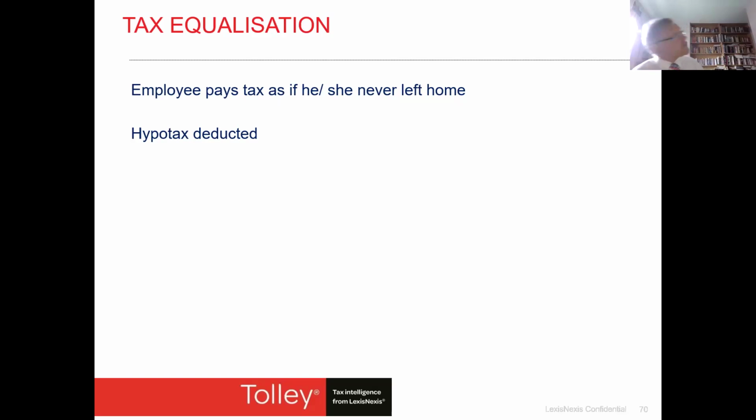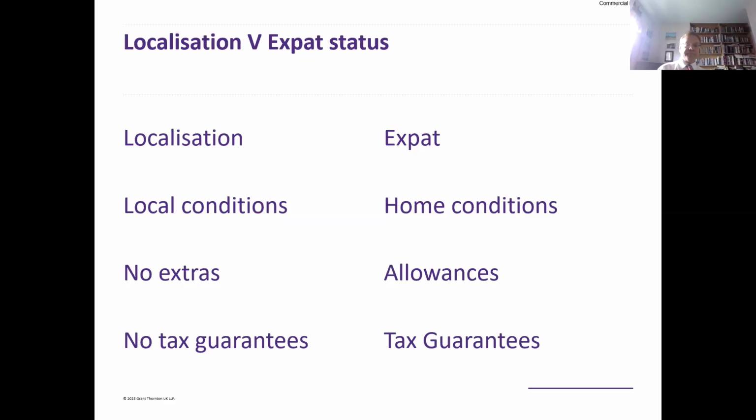So in other words, if, say, I got £100,000 and maybe the hypo tax was £30,000, the employer pays me £70,000 and then pays, if I go to Germany, the tax on the £70,000. And if it is more or less than the UK hypo tax, that is either a benefit or a disbenefit to the employer.